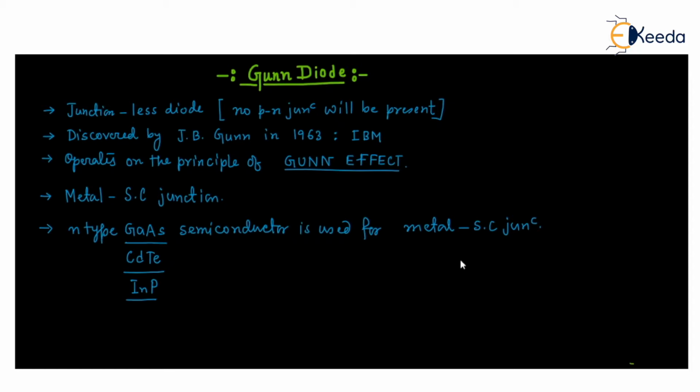Now all these semiconductor materials are direct band gap semiconductors. So we have to use a direct band gap semiconductor and metal junction for fabricating the Gunn diode. Let us see how the fabrication of the Gunn diode looks like.